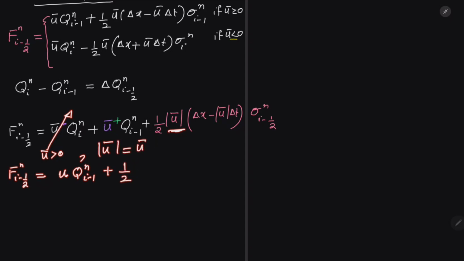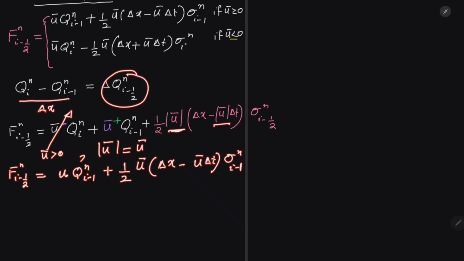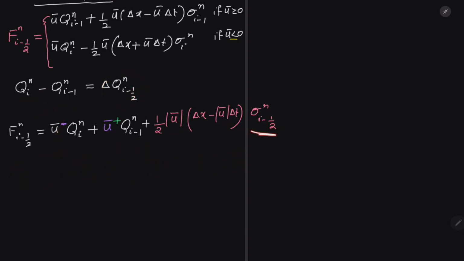We get plus 1/2 u bar delta x, and since it is greater than 0, we have u bar delta t, and then the definition of sigma n I minus 1/2. Since it is delta x, you have to decide which value of sigma n I minus 1/2 you want to take. In this case, u bar greater than 0, it will be sigma n I minus 1. I hope you got the point.